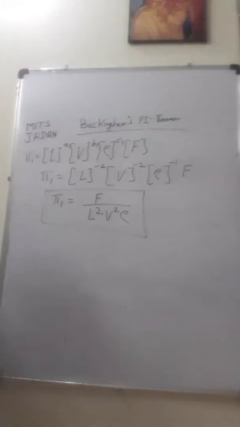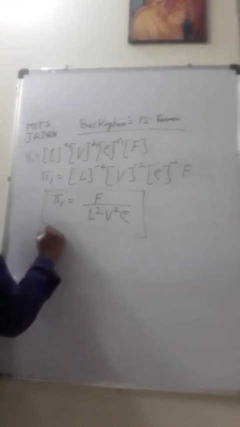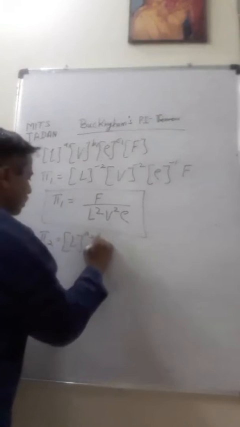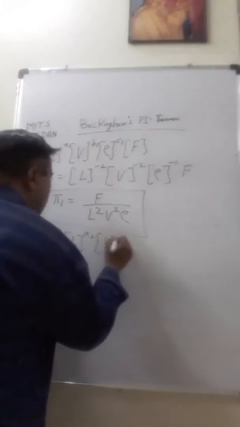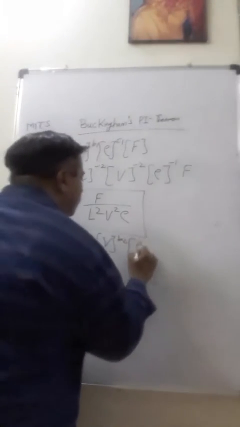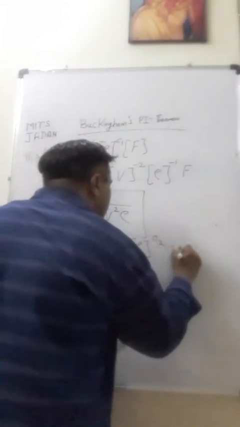Now, by a similar method, we will be able to find our second pi term. I am writing here, it is L to the power of A2, V to the power of B2, rho to the power of C2 and mu.